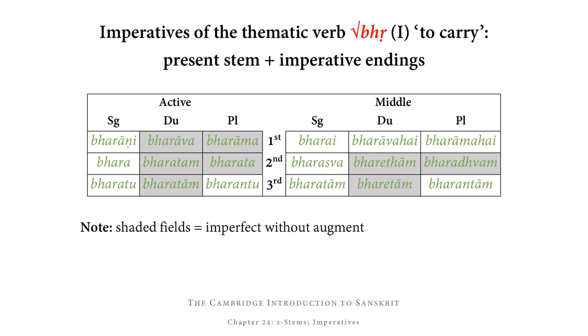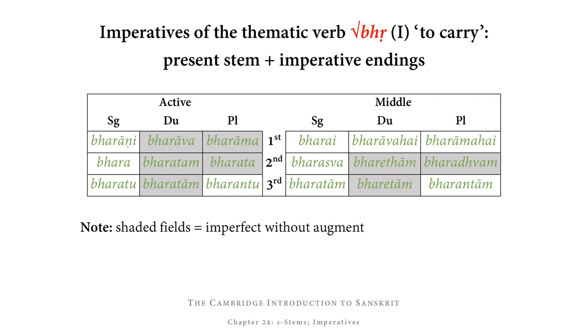Here we have bharani, bhara, bharatu, bharava, bharatam, bharatam, bharama, bharata, bharantu. In the middle, we have bharai, bharasva, bharatam, bharavahai, bharetam, bharetam, bharamahai, bharadhvam, bharantam.